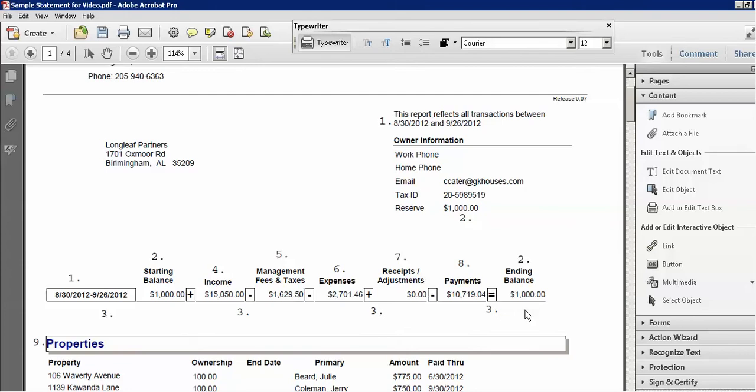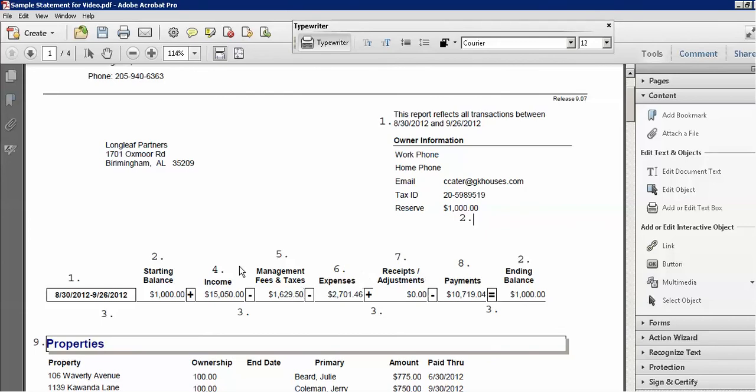If the ending balance is negative, that means it's in parentheses. So if this 1,000 was in parentheses, that means that the owner owes that amount of money to Golden Key. Always remember that the starting balance of each statement should match the ending balance of the previous statement. So the starting balance on the next statement should be that $1,000.